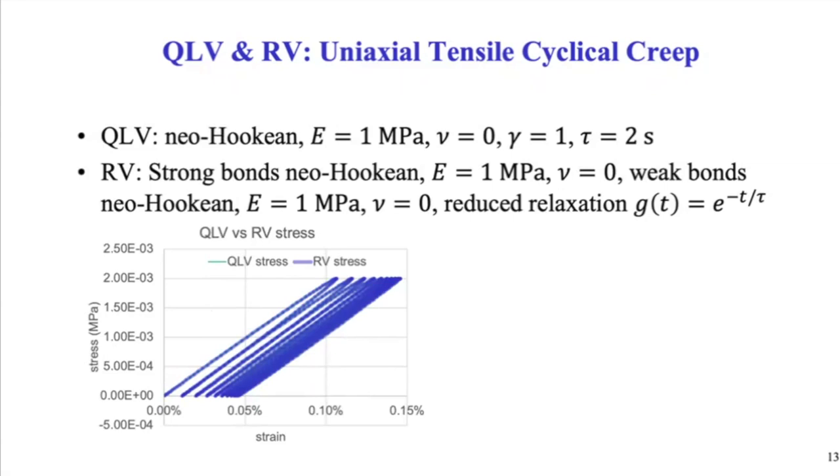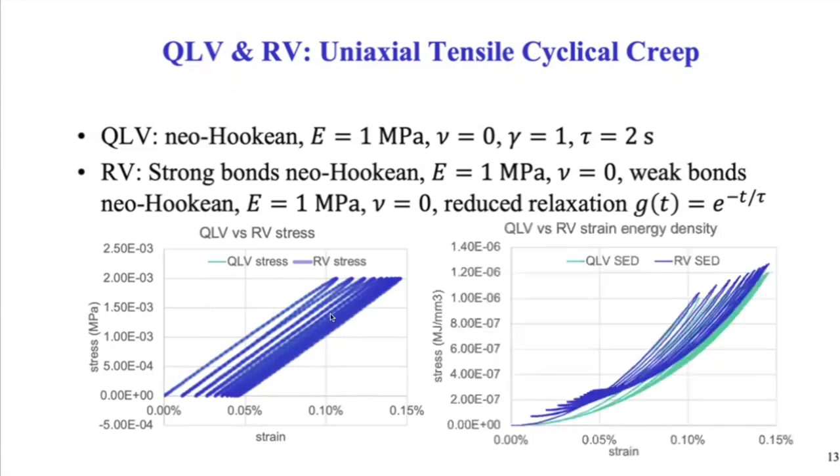Preconditioning, where in the beginning you see, oh, large strain, but over time, the cycles seem to fall on top of each other. But if you plot the strain energy density, once again, it's not the same. And what you notice here, which is interesting, is that when the stress goes to zero, in the reactive viscoelasticity case, the strain energy density doesn't go to zero, but in the quasi-linear viscoelasticity, it does.